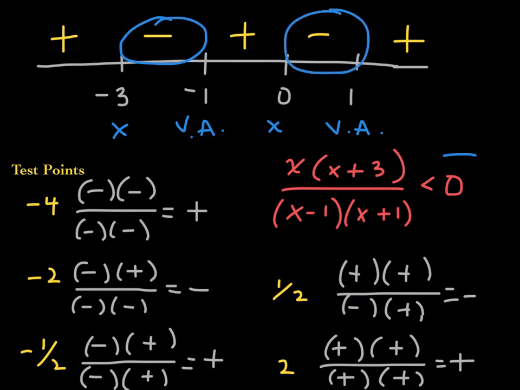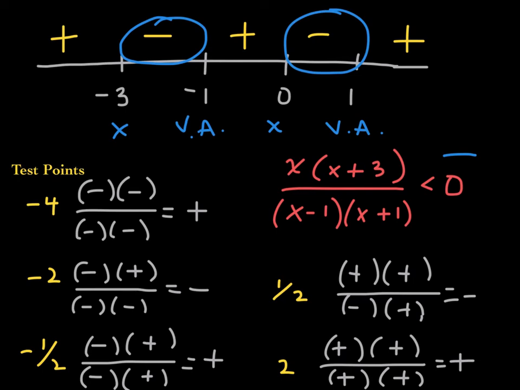Now because this is strict, you have to put parentheses on all of your endpoints. Hey, by the way, if this inequality was non-strict, watch this. If it were non-strict, it's not right now, but I'm just saying, if it were non-strict like this, you could put a bracket, but only on the x-intercepts.